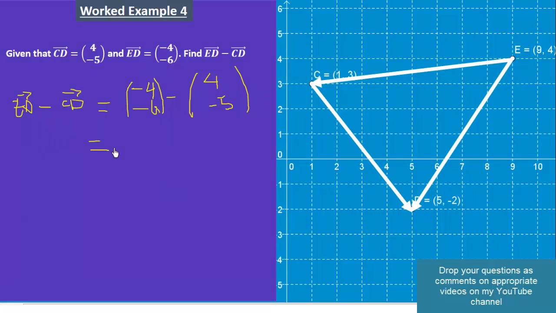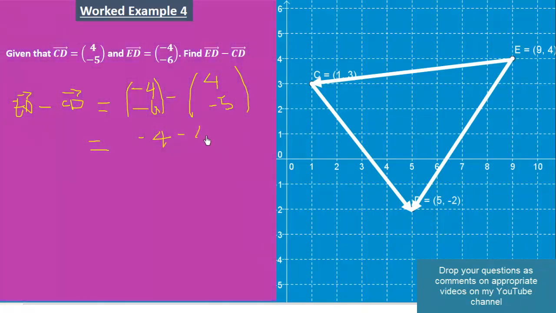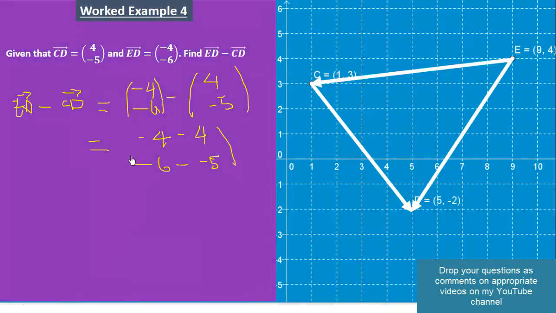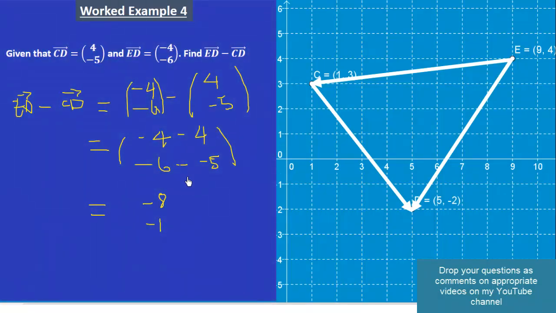This will result in -4 minus 4, then we have -6 minus -5. And this will simplify to (-8, -1).